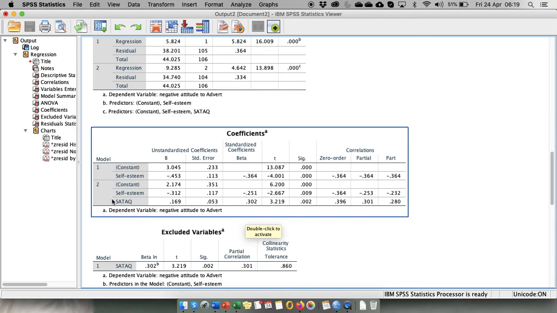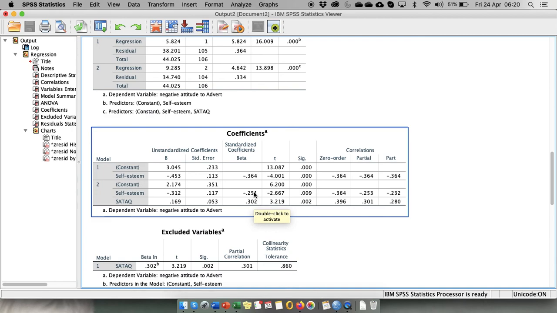What happens when we look at how much additional contribution media pressure makes? We can see that model 2 in this instance is pretty much the same table as you would get if you just did multiple regression.